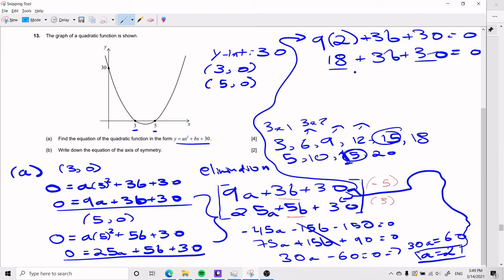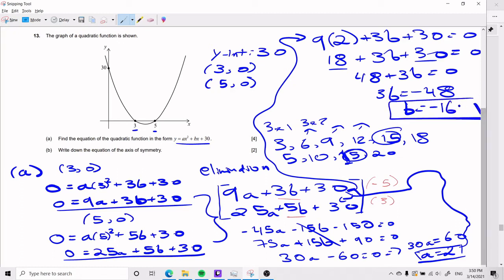I combine the 30 and the 18, we have 48 plus 3b equals 0. So I want to get b alone. I subtract 48 on both sides. b equals negative 16.